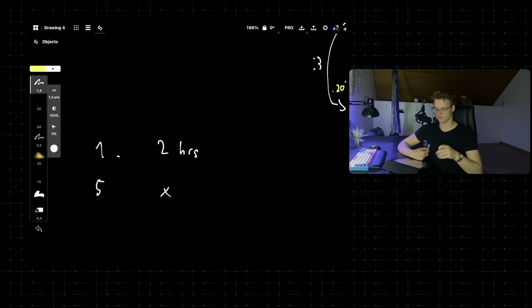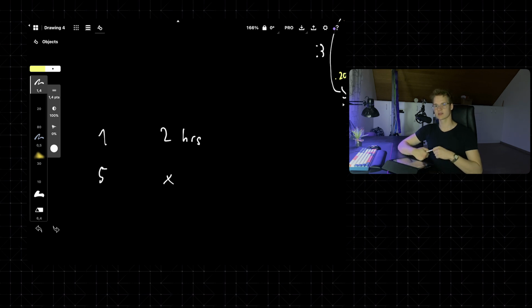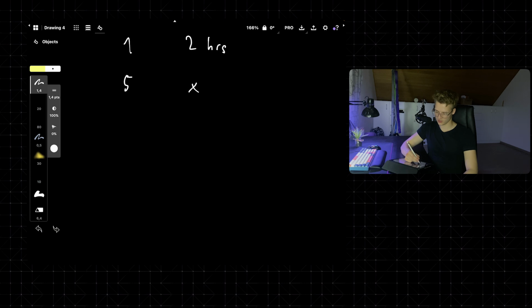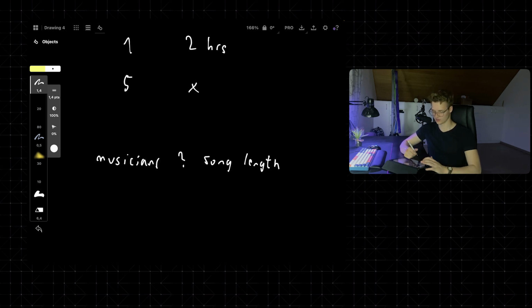And if you try to do this or this, you're mistaken. Because are the values even proportional? Are musicians proportional to the amount of time a song lasts, okay? Are they related? They are not related, okay?